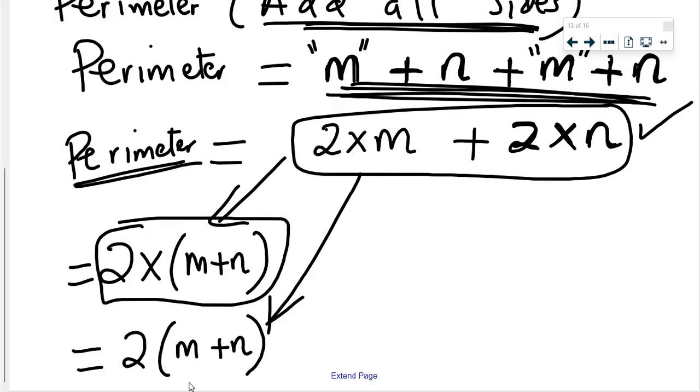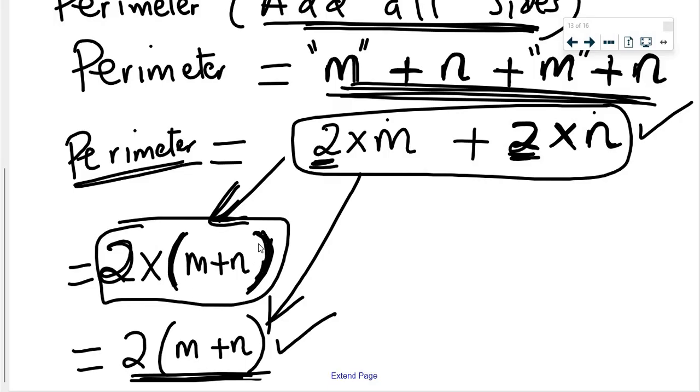Will it be the correct answer for the expression for perimeter? The answer is yes. This is also an expression for the perimeter. For those who watched my previous videos, I talked about a repeated number, which is 2 in this case, being written outside the bracket, and then putting brackets and copying m and n. This is what we did when I was explaining the distributive property.